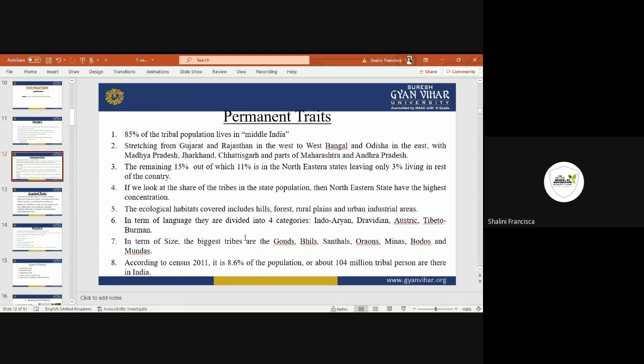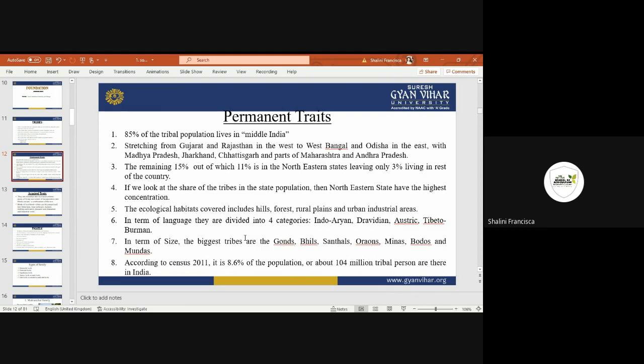Austric are, I think, mostly from Gujarat and Madhya Pradesh, and Tibeto-Burman are mostly from the northeast area. In terms of size, the biggest are the Gonds, Bhils, Minas, Bodos, and Mundas. Gonds are mostly from Chhattisgarh. Bhils are from Madhya Pradesh. Bodos are from Orissa, and Mundas are from Jharkhand.